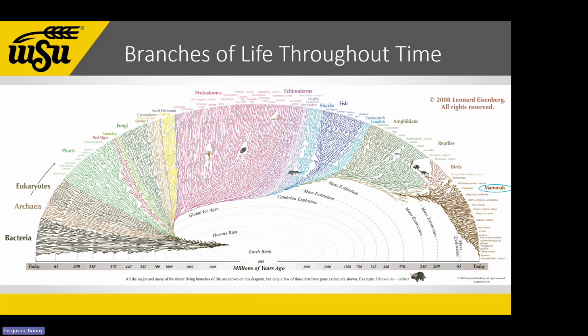In the grand scheme of things, mammals have only been on Earth for a very small, insignificant portion of time, especially when you actually get down further. I don't know if you guys can see it, if it's too small or not, but humans and Neanderthals are over here at the very end. And it is just such a small fraction of time that it's kind of amazing.